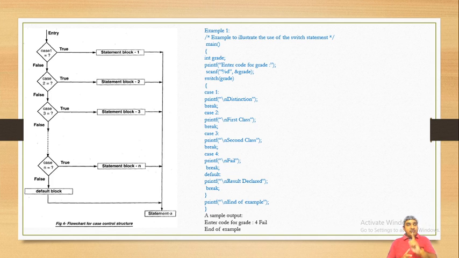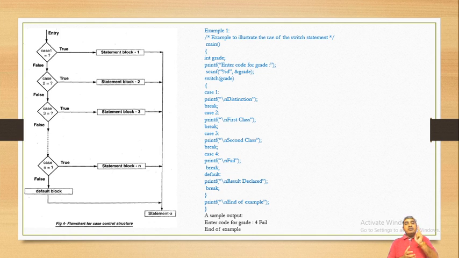If we give input by using the scanf function, if we give input 1, then it displays distinction.